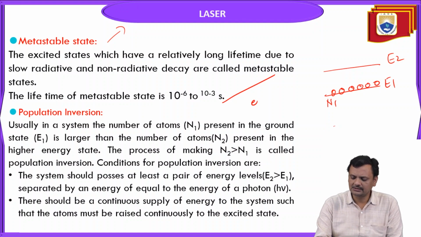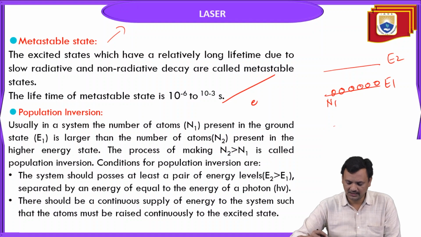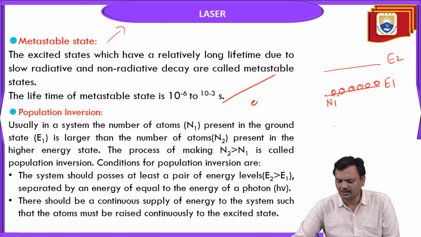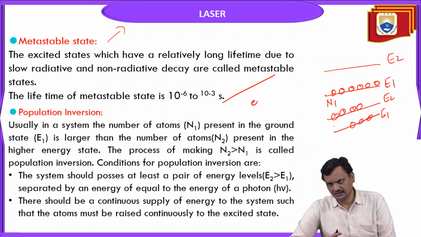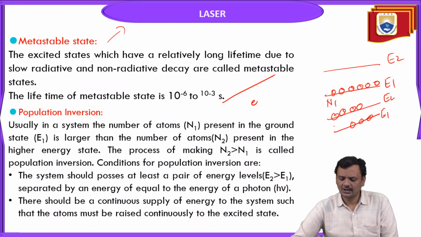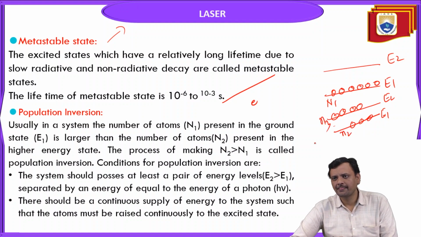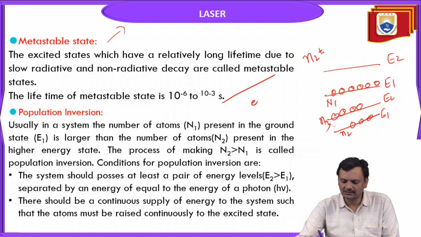Now what happens? This system is exposed to an external energy source. So some electrons will go to their excited level, and some will remain in the ground state. Let's suppose these numbers are N2 and N3, where N2 plus N3 is equal to N1.